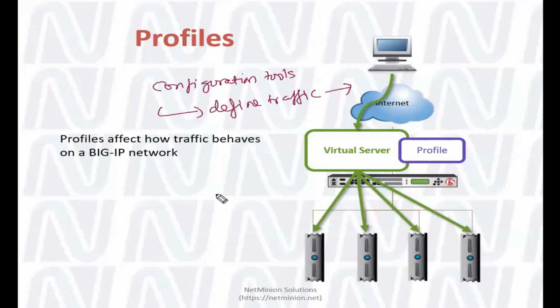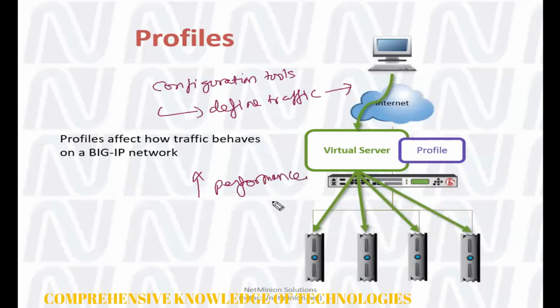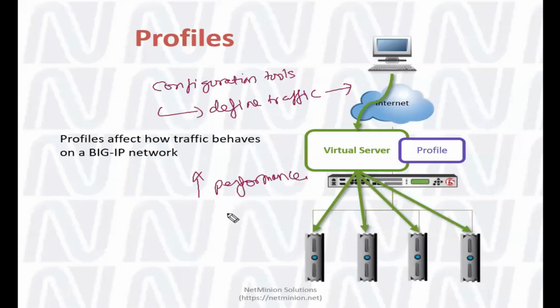So a profile is a configuration tool that we can use to affect our behavior of a certain type of network to increase the performance and throughput, whatever you can say, on the network. So that is how a profile works.